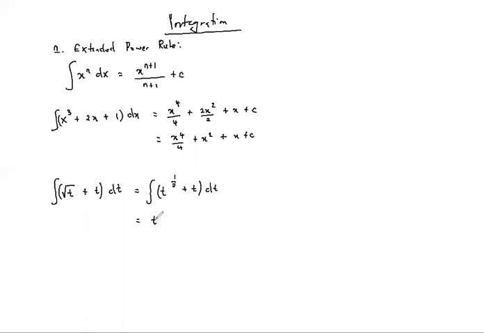And then you say t^(1/2 + 1) over (1/2 + 1) plus t^2 over 2 plus c. This is t^(3/2) over 3/2 plus t^2 over 2 plus c. But this is 2/3 t^(3/2) plus t^2 over 2 plus c. This is called the extended power rule.